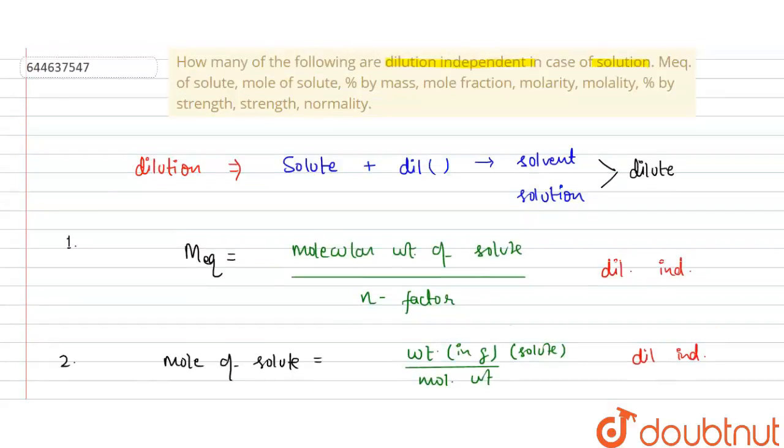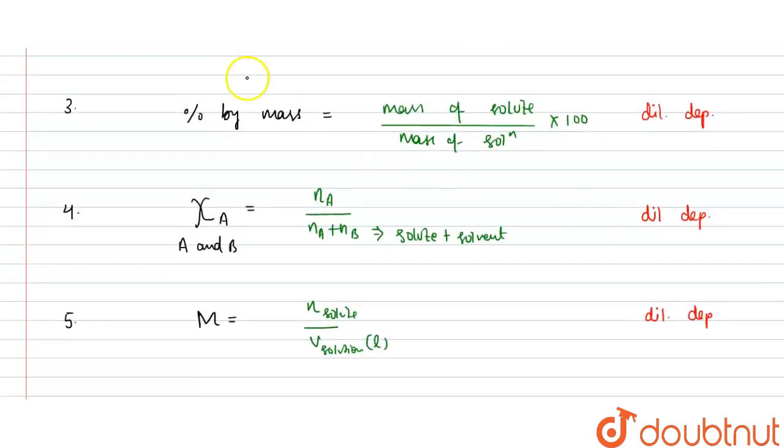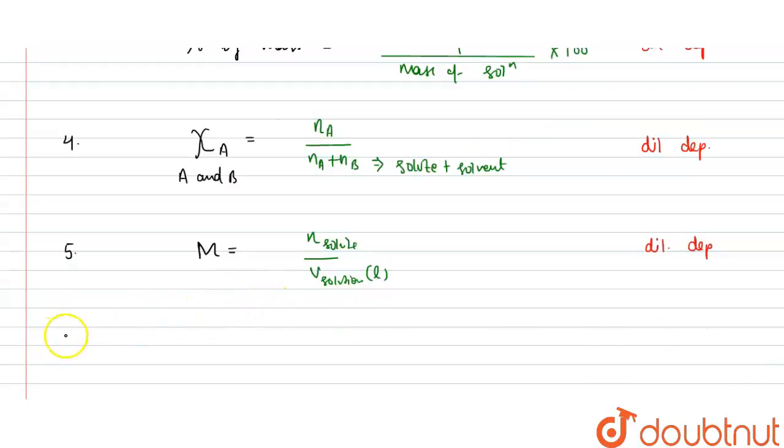Now sixth quantity is molality, denoted by small m. What is the formula of molality? Molality is number of moles of solute divided by weight of solvent in kg.